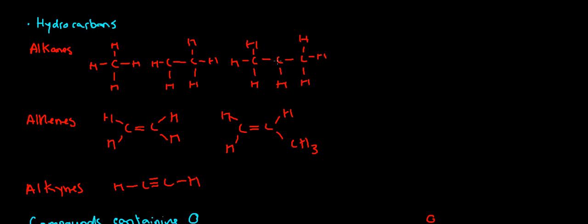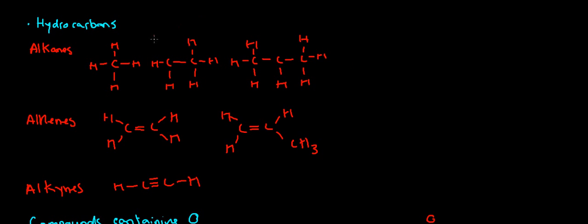These ones tend to be relatively simple. Alkanes are characterized by carbon-carbon single bonds. So here's a carbon bonded to 4 hydrogens. Normally we don't really include the hydrogens in the field of organic chemistry. So here, 2 carbons bonded together, hydrogens attached, 3 carbons.